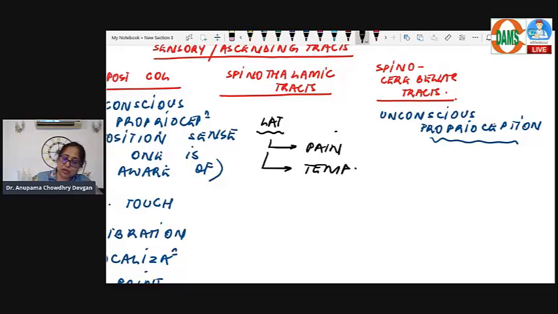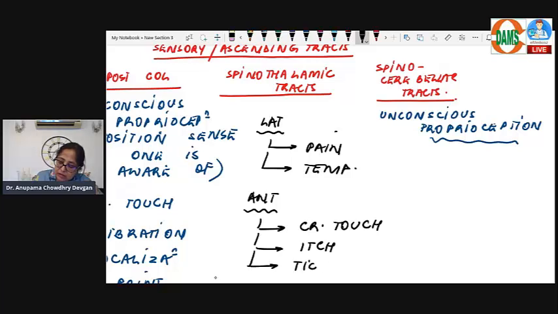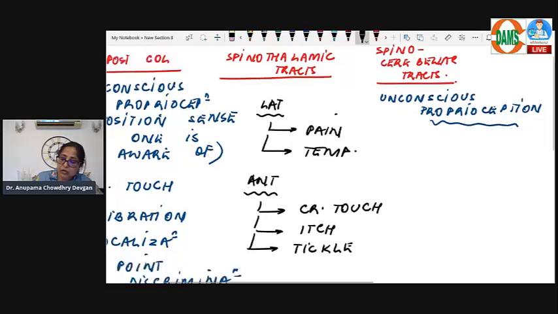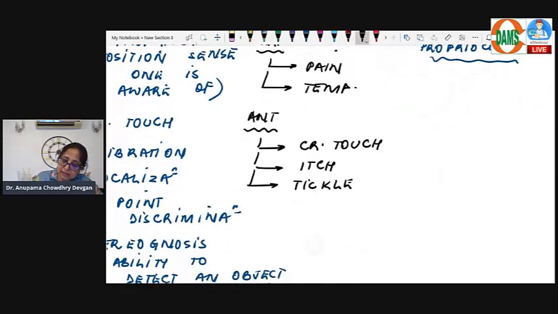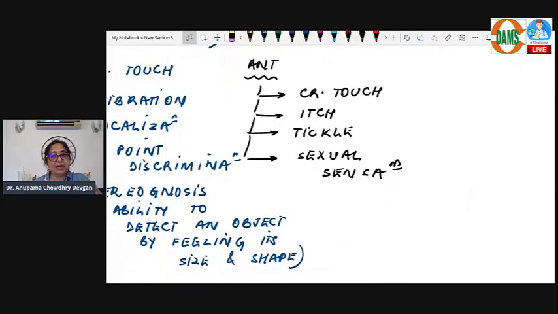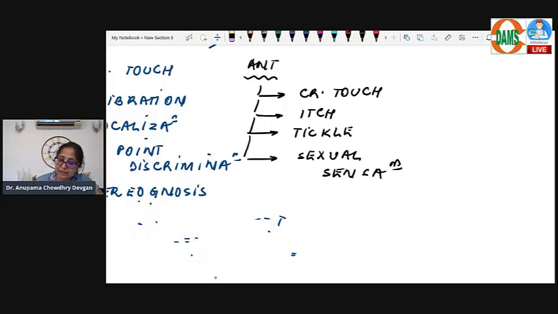The anterior spinothalamic tract is meant for crude touch, itch, tickle, and sexual sensations. These are carried by the anterior spinothalamic tract.